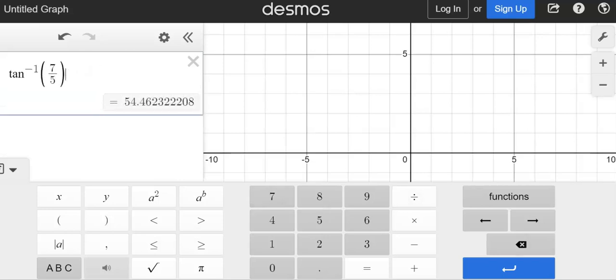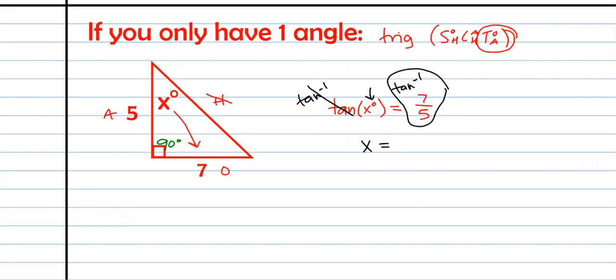All right, so 54.46. Typically when we're solving for angles, we just round to the nearest degree. So just 54. The 0.4 is closer to 54 than it is to 55. So 54 is what we'll write down, and that one would be done.